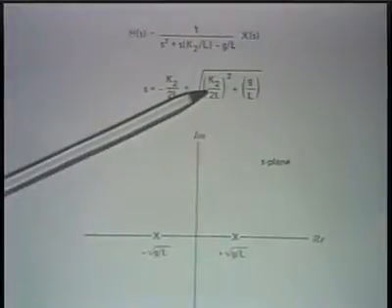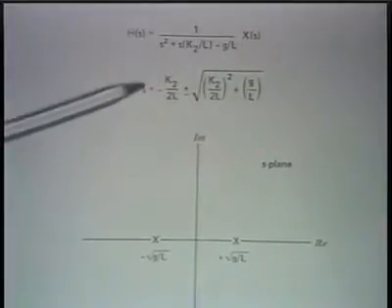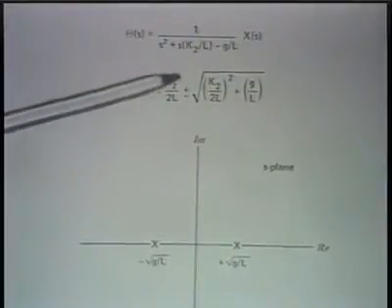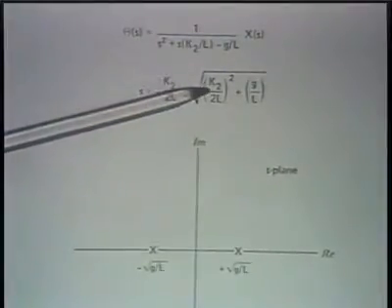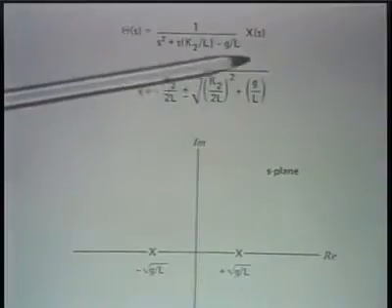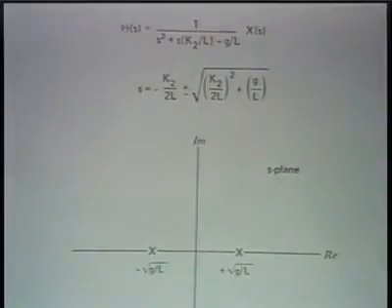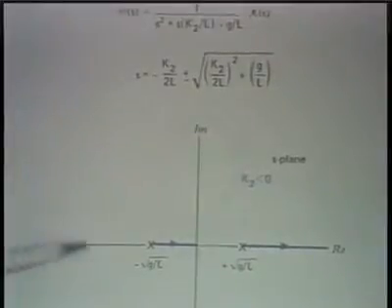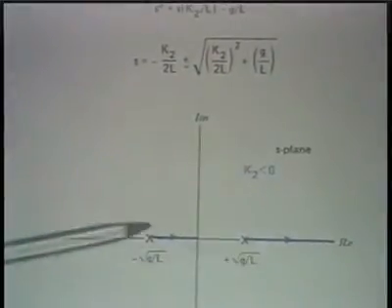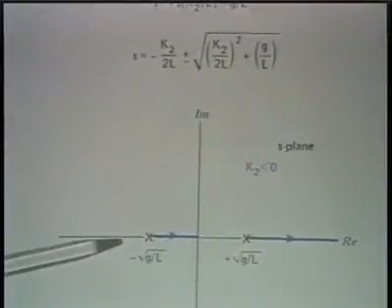If K2 is negative, then what you can see is that this real part will become more negative. Since K2 is squared here, this is still a positive quantity. And in fact, with K2 less than 0, the root locus that we get is indicated by this.